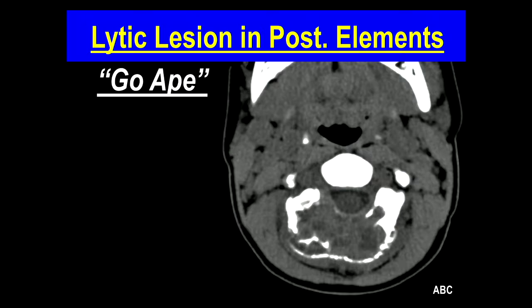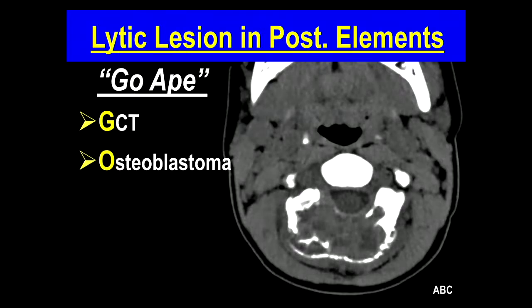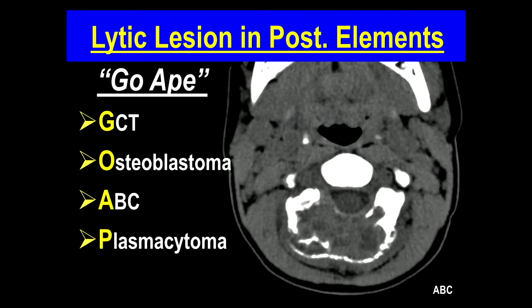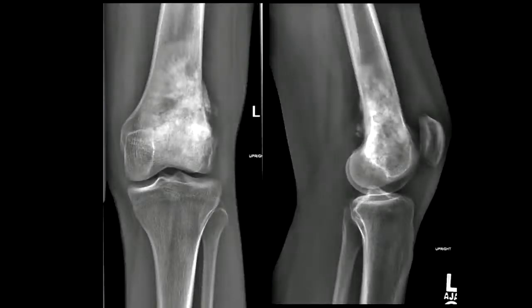That differential diagnosis of GO-APE includes G for giant cell tumor of bone, O for osteoblastoma that we've been talking about, A for aneurysmal bone cyst, shown here with multiple fluid levels, P for plasmacytoma, and E for eosinophilic granuloma or Langerhans cell histiocytosis. GO-APE, the differential diagnosis of a lytic lesion in the posterior elements.